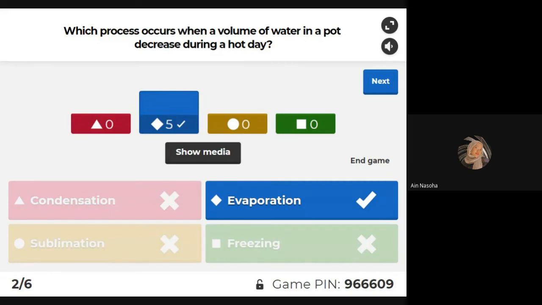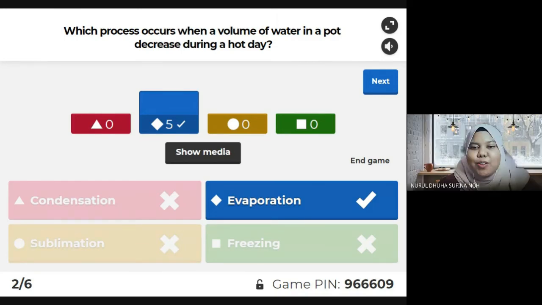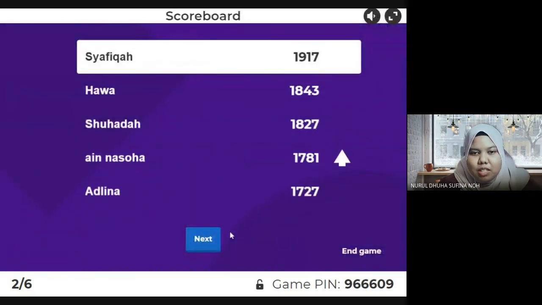The water decreased during the hot days, so it shows that the water turned into water vapor, which is in the gas state. So it is called the evaporation process. Okay, correct. We can see Aina Soha increase.